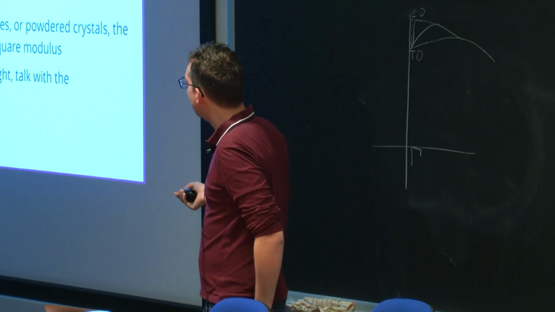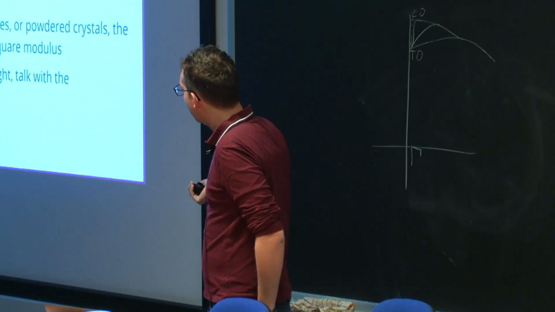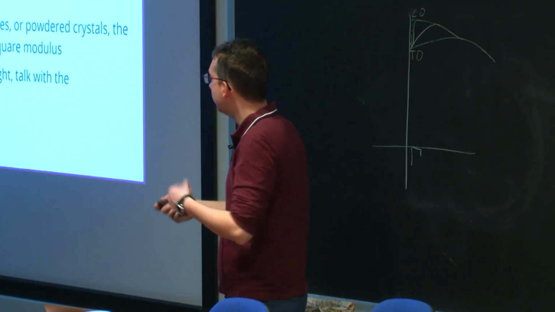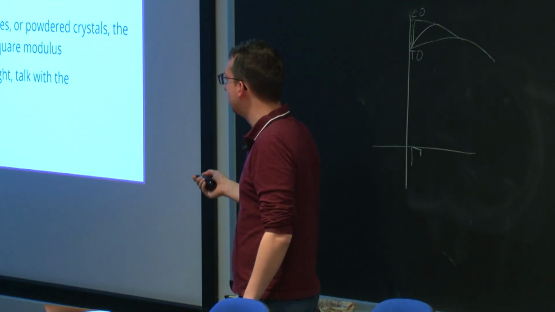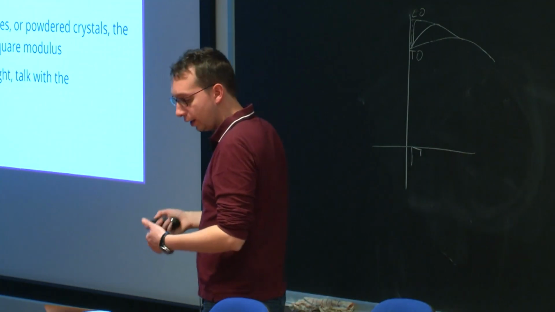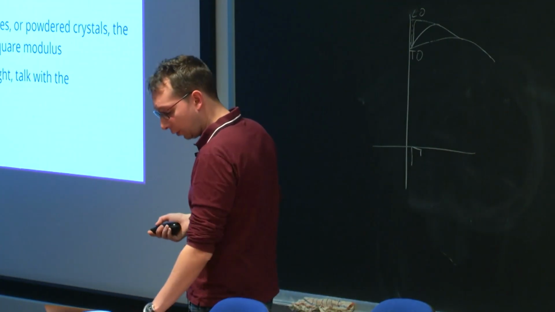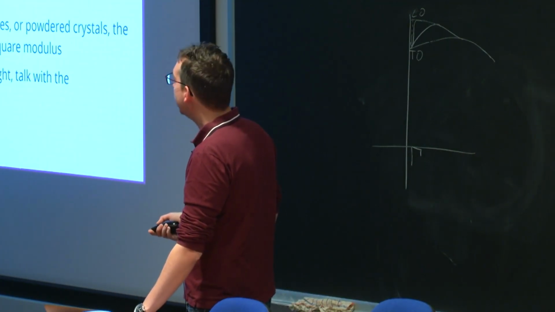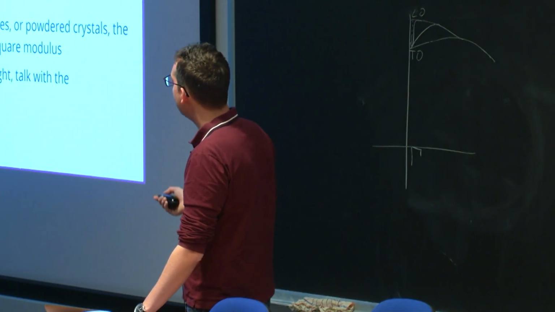In the case of molecules or disordered systems, you don't need to care about polarization, but in the case of polarized light, you have to talk to the experimentalists to see exactly what they are doing, and it can be a bit more complicated.